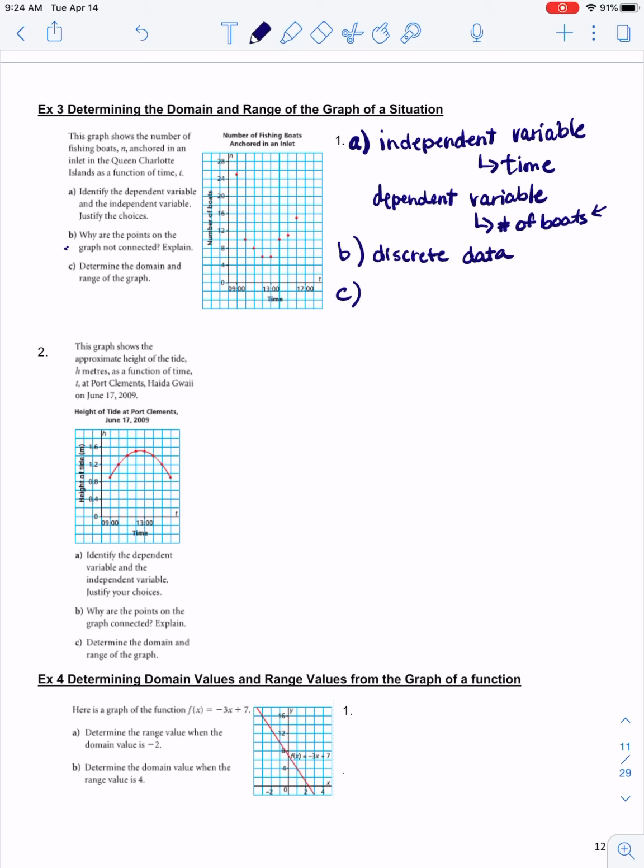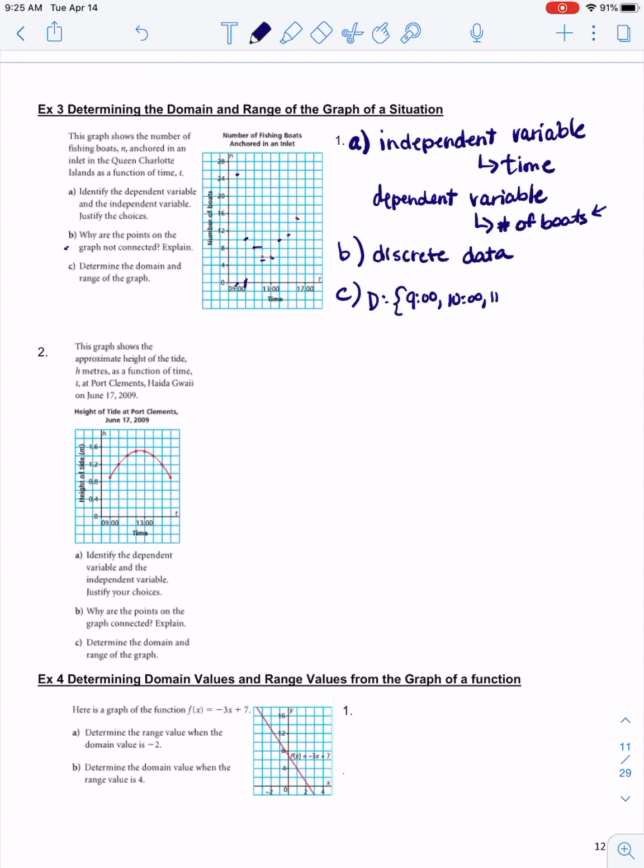C, determine the domain and range. I kind of like discrete data when we work with domain and range because we just get to list the numbers given. For domain, I just list all of the numbers that it touches on the x-axis. My first number here is 9 a.m., then 10 a.m., and then 11, 12, 1, 2, 3, 4.